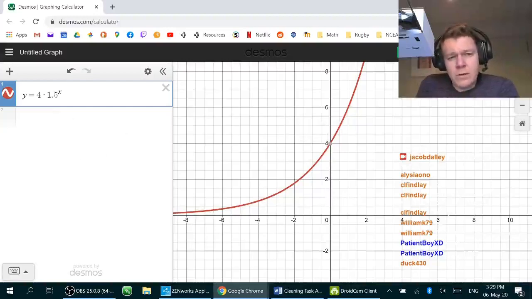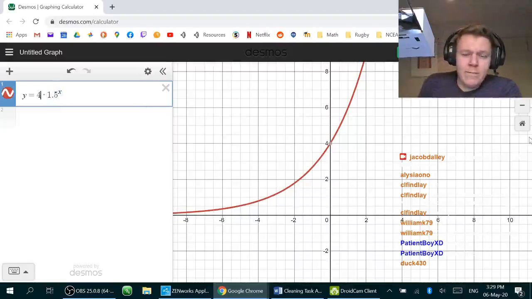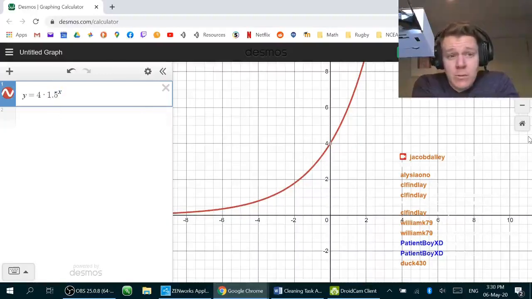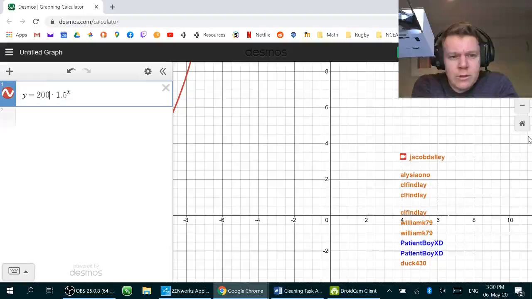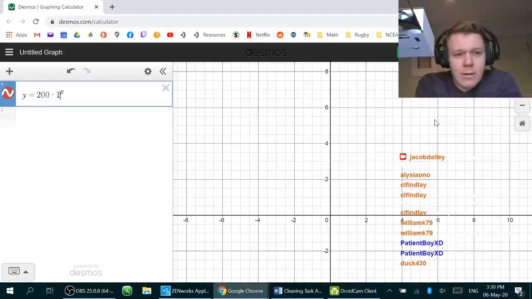Sometimes you want to do this because you're doing an exponential decay, which is topical right now because coronavirus is in decay. So we might have 200, and then instead of a number higher than 1, we have a number less than 1.